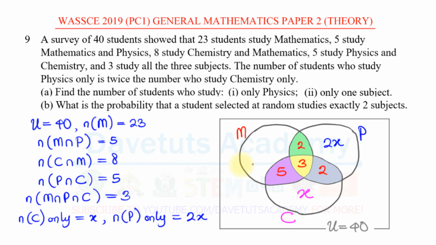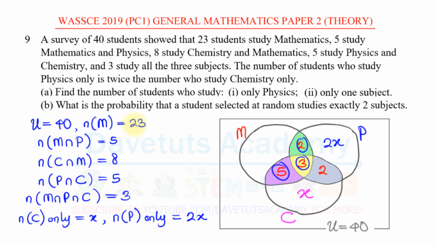Now look at this. For mathematics, already we have 5, that is in mathematics. We have 3 in mathematics. We have 2 in mathematics, because the whole of this region is mathematics. So if you have taken out 5, 3, and 2 out of the mathematics, 5 plus 3, that is 8. 8 plus 2, that is 10.